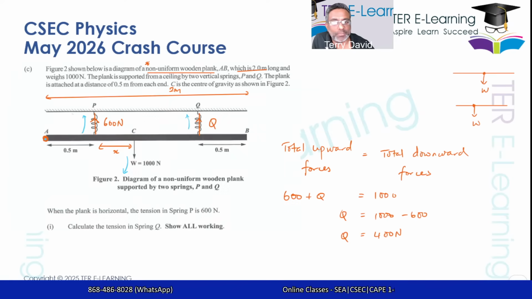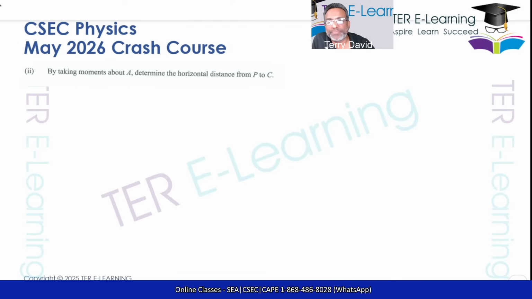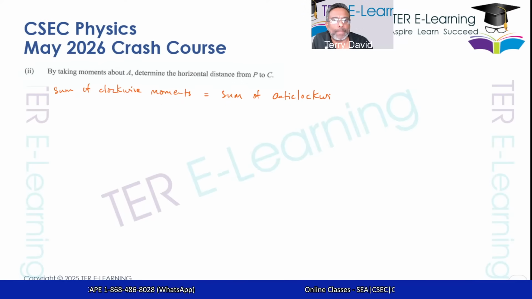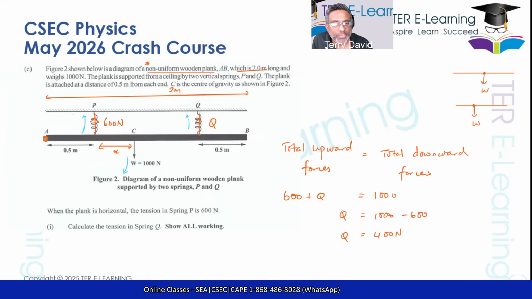So if we take moments about the pivot, we're going to say sum of clockwise moments is equal to sum of anti-clockwise moments. First of all, clockwise moments, we just had one.